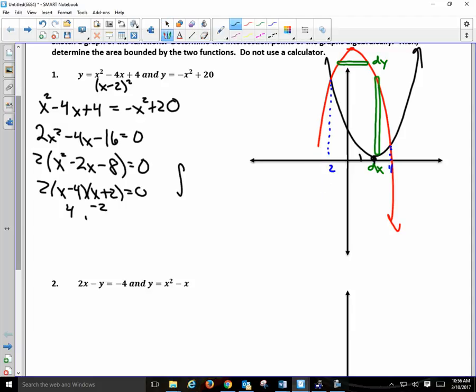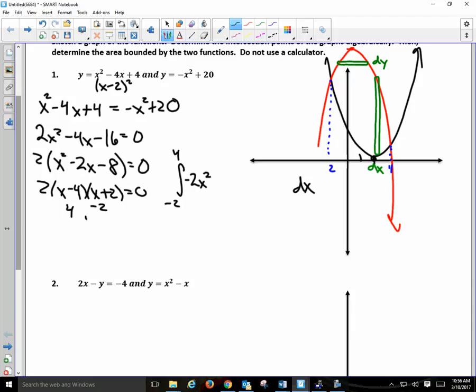So therefore, I have an integral, and it is dx. Thickness dx. So therefore, I have negative 2 to 4. And I'm going to have the red function minus the black function. Negative x squared minus an x squared would be negative 2x squared.